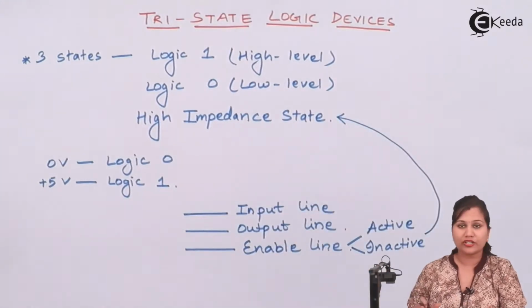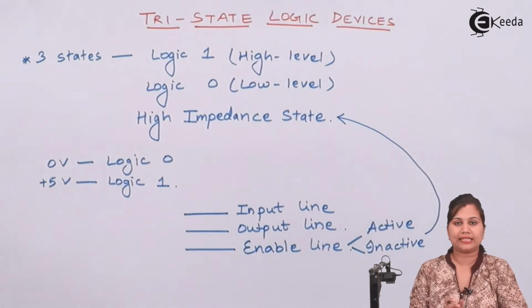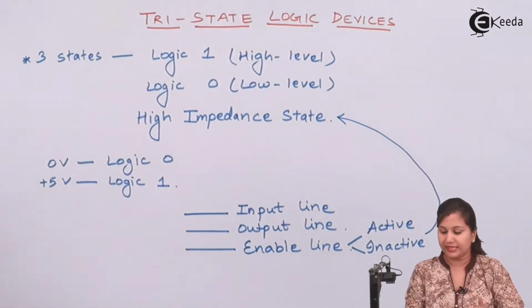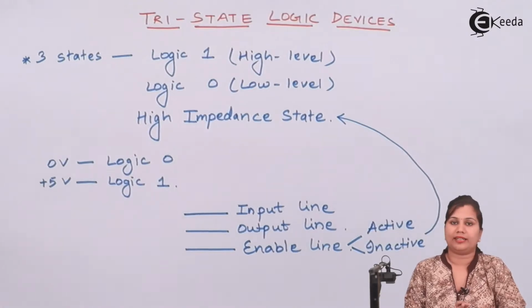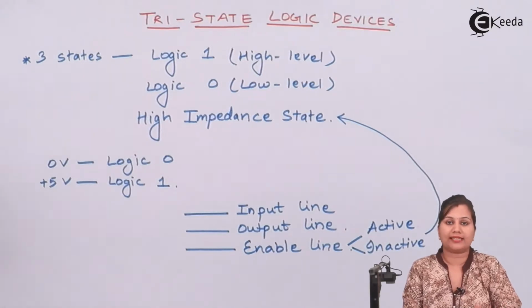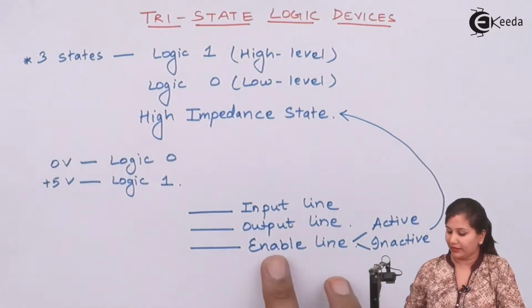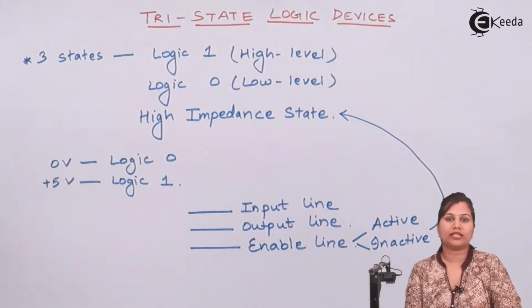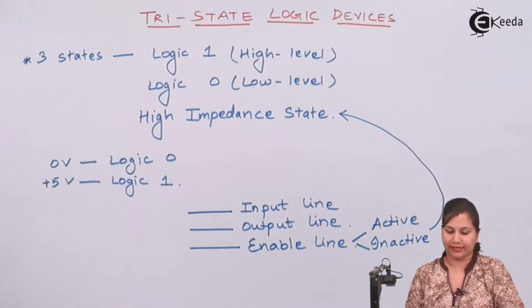So this functioning of the enable line is related to the high impedance state. When this enable line is active, the device will work normally, performing its function as an ordinary logic device, and when this enable line is inactive, the device will go into the high impedance state.